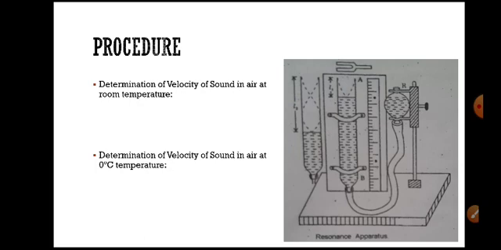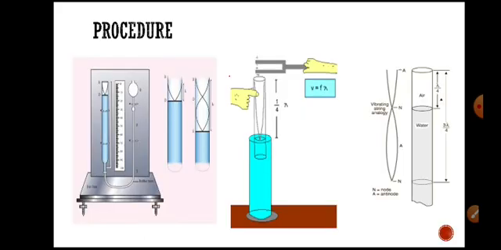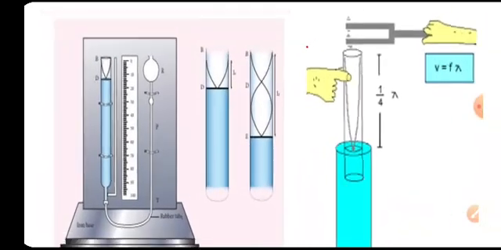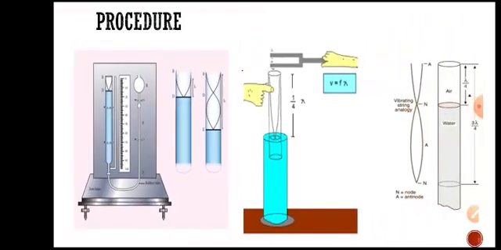The reservoir is fixed where the large booming sound is heard, and the length of the air column is noted. Here, observe, the reservoir is lowered, so the water level decreases. Now put the vibrating tuning fork above the open end of the pipe.